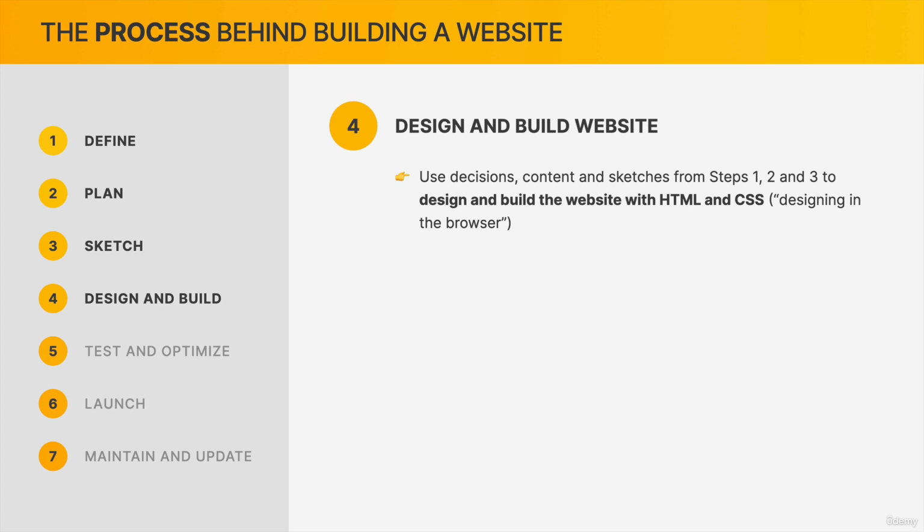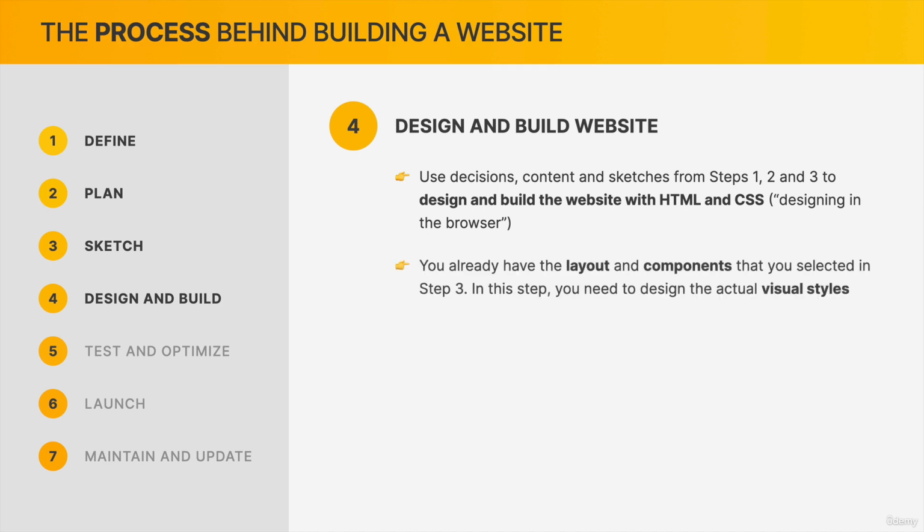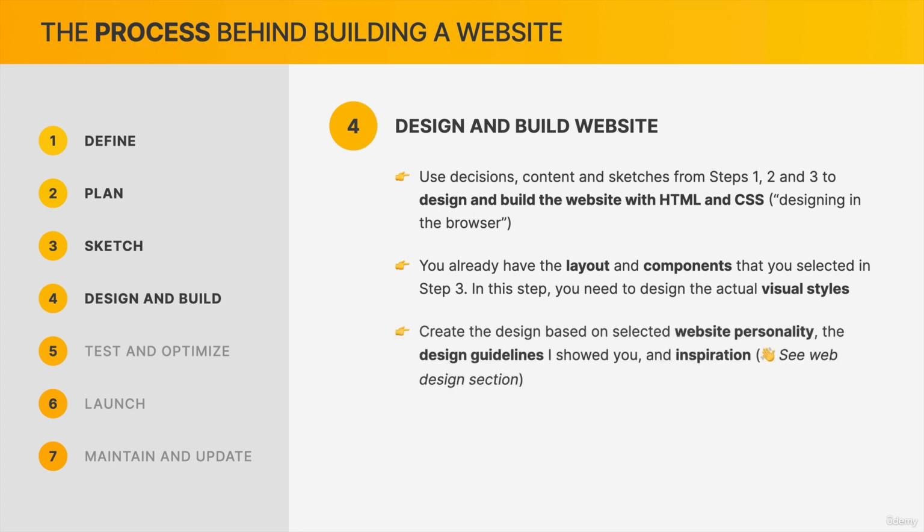And this designing includes, of course, to now choose and apply the actual visual styles for your design. So remember, from step 3, you already have the layout and the components. And so again, now it's time to actually implement them and to design the actual visual styles that you were going for. And of course, these visual styles need to be based on the website personality that you selected and the design guidelines that I also showed you in that section.